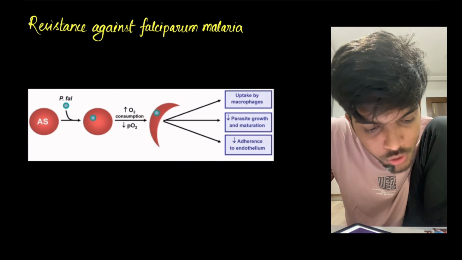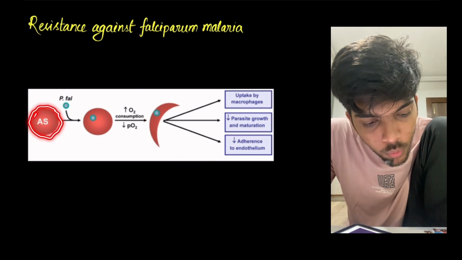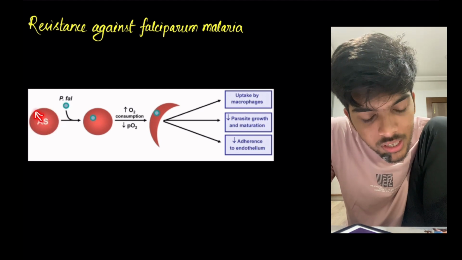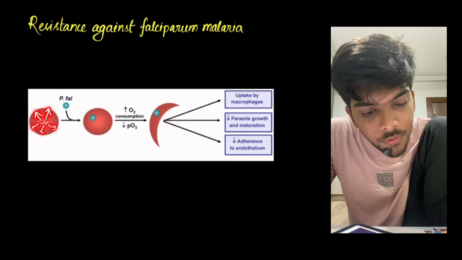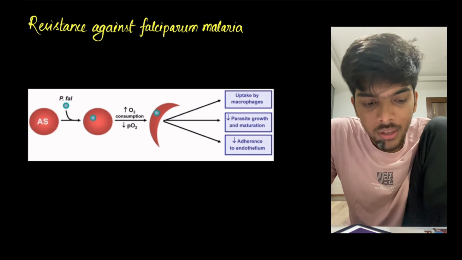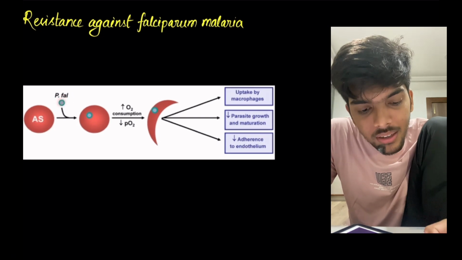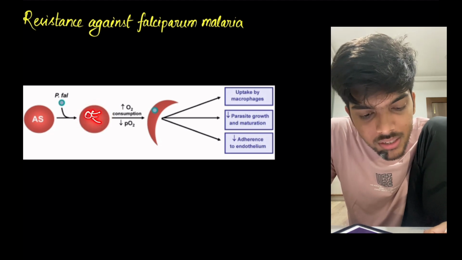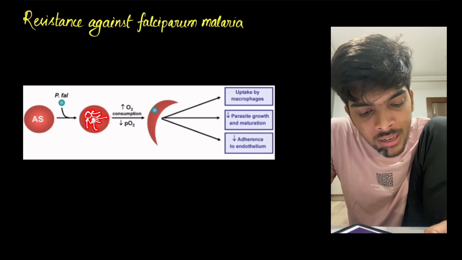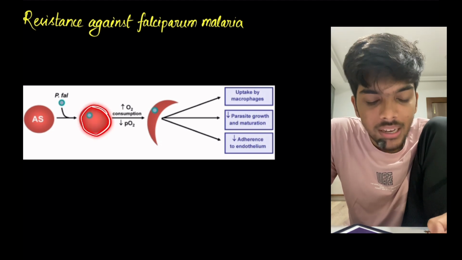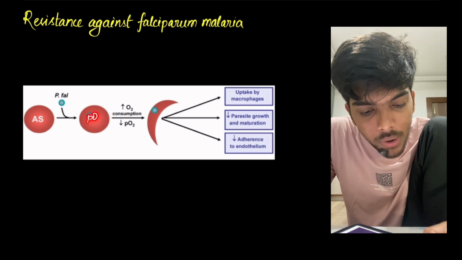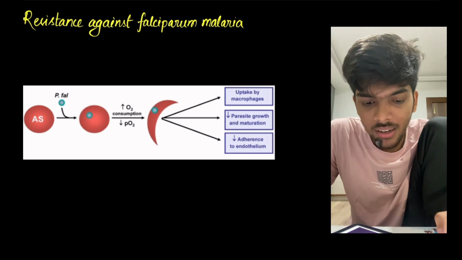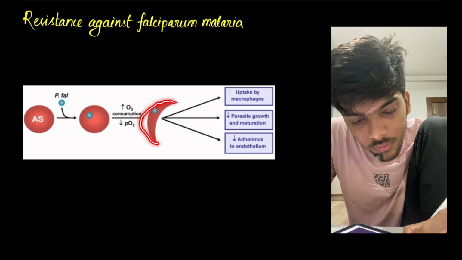Again, there's your mutated RBC with mutated hemoglobin, but the RBC is distended due to the presence of oxygen inside of it. The falciparum parasite enters the red blood cell. Inside the red blood cell, the falciparum starts consuming all the oxygen. As a result, the cell gets deoxygenated, or the partial pressure of oxygen decreases, and the cell which was distended gets converted into a sickle cell.